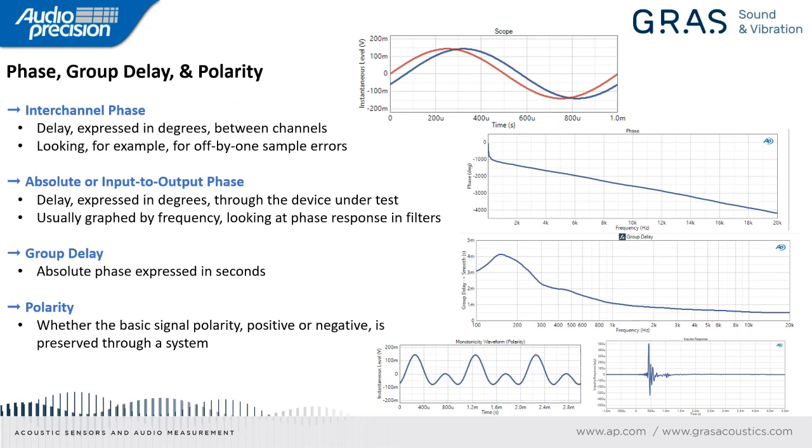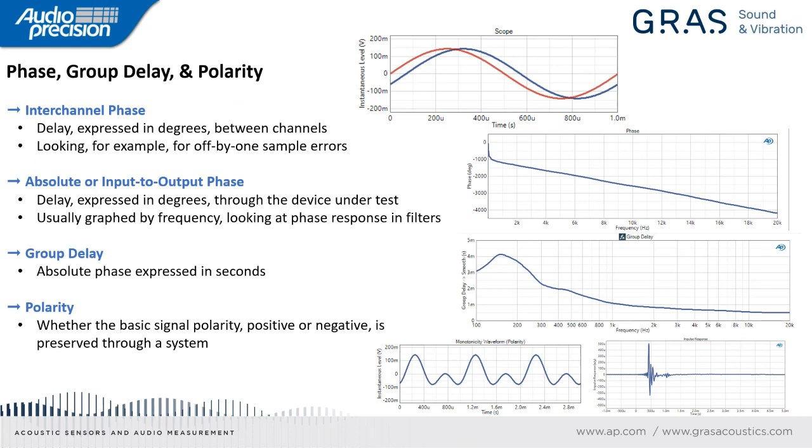Now, closely related to input to output phase is group delay. Really, these are not reciprocals of each other, but they're convertible from each other. So group delay is the delay in time as a function of frequency of a device.